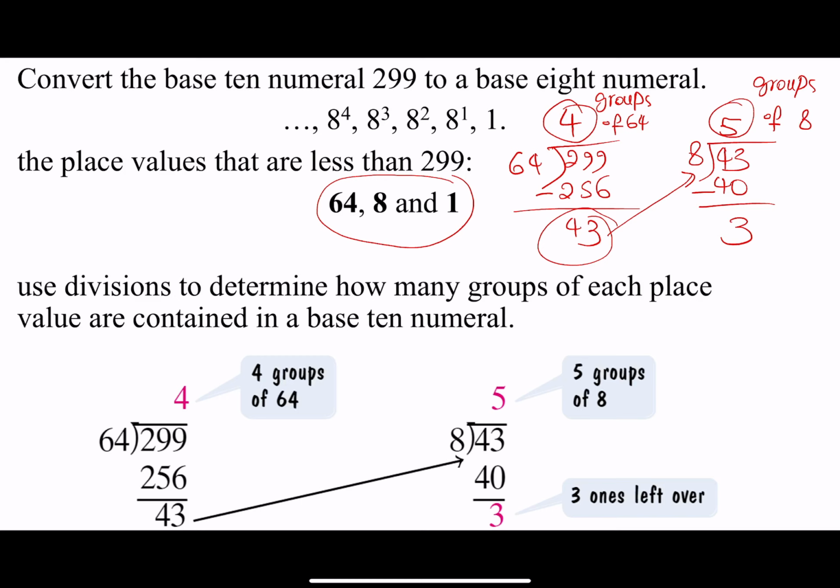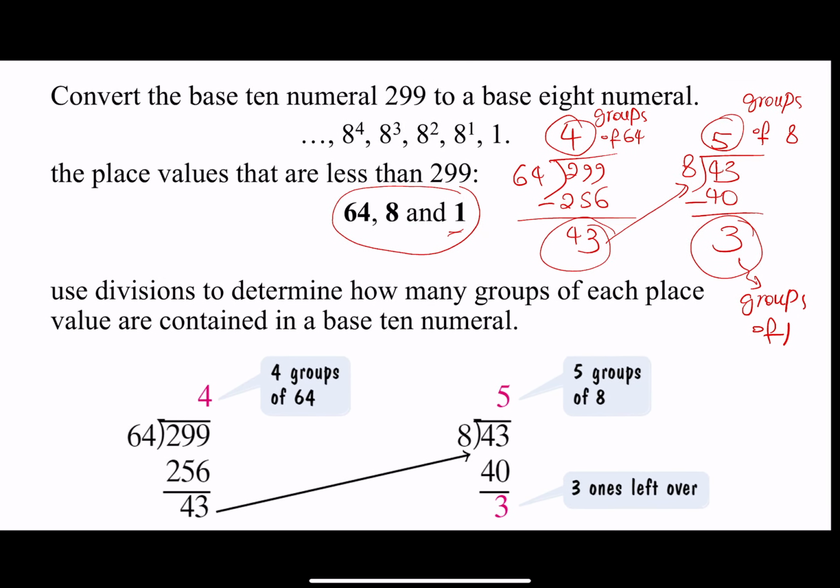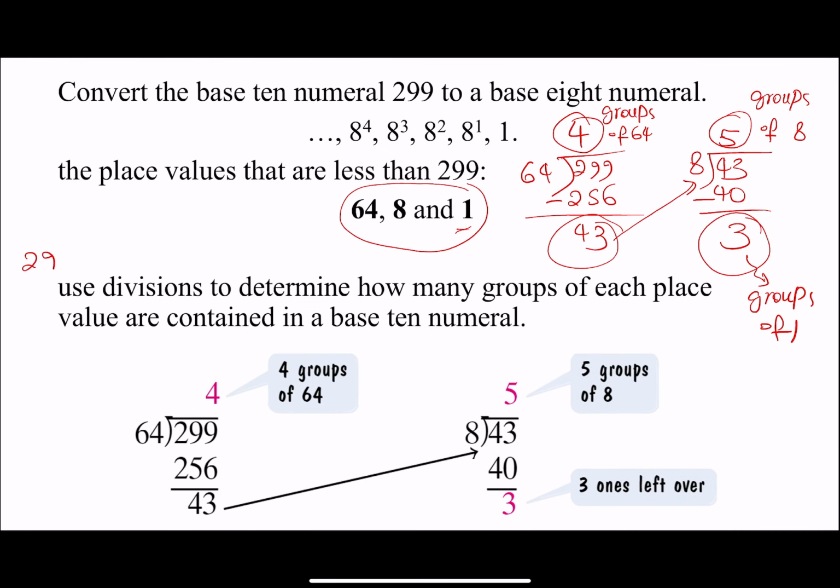Guys, the only place value left now is 1. So the remainder here tells you the groups of 1 that build up your number. So we have 3 groups of 1. It means that this 299, I can write it down as 4 groups of 64, 5 groups of 8, and 3 groups of 1.